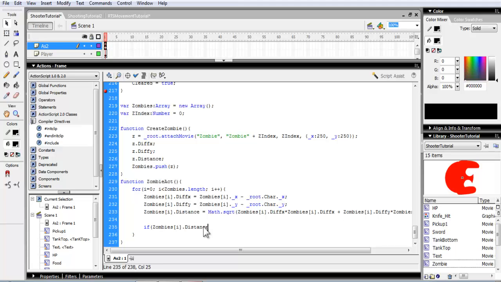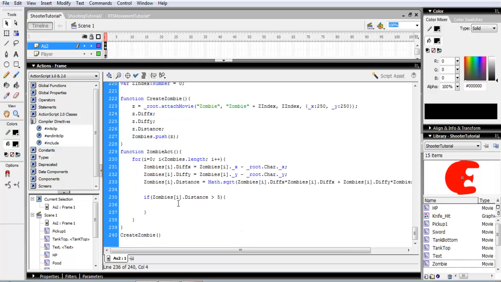I don't think that makes sense, but if zombies[i], so the zombie we're looping through, that zombie's distance is greater than, let's say 5, we want it to move and rotate to us.